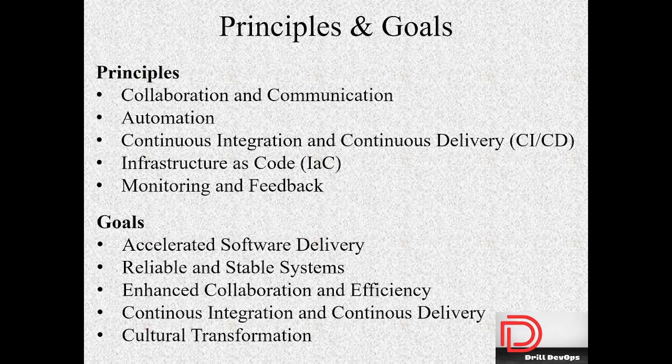Whichever teams are involved, they have to work together to achieve one common goal of delivering the software in a reliable and faster manner. So that is what collaboration means. And communication is a very important medium to achieve this goal of releasing the software rapidly.